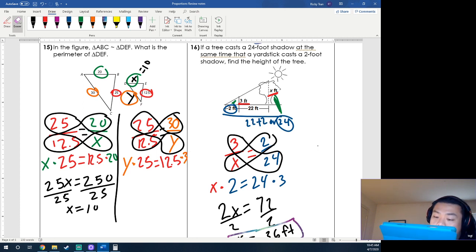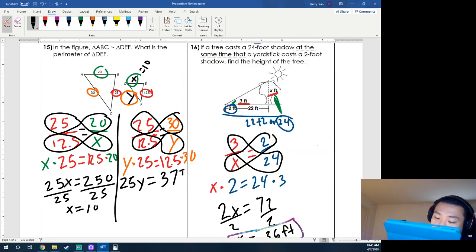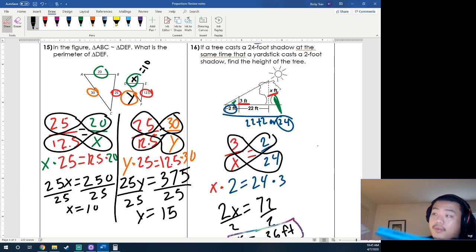Okay, so we have 25y is equal to 12.5 times 30, or 375. Okay, we divide by 25. Y is equal to 15. So y is equal to 15.